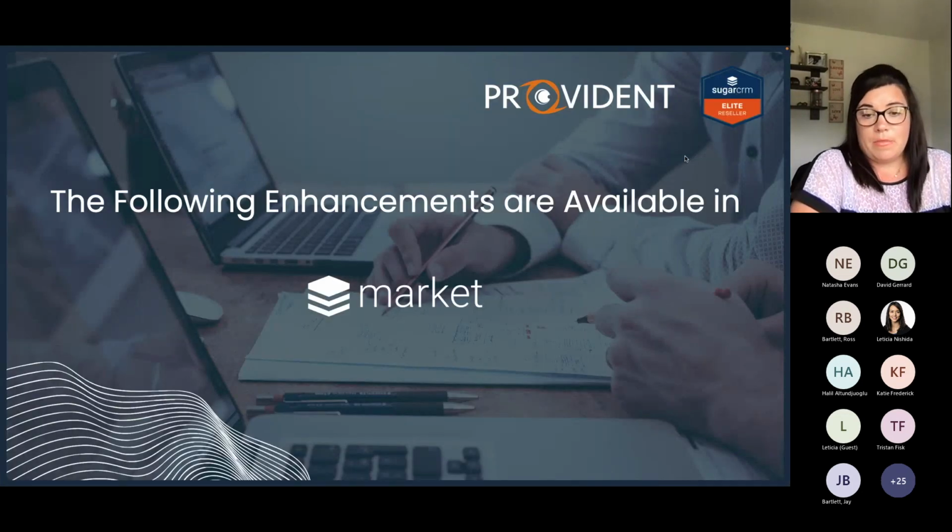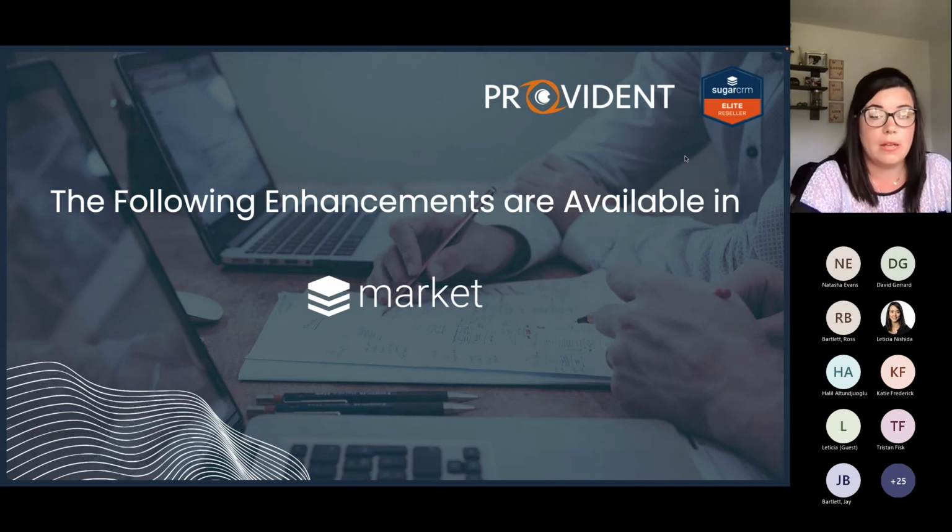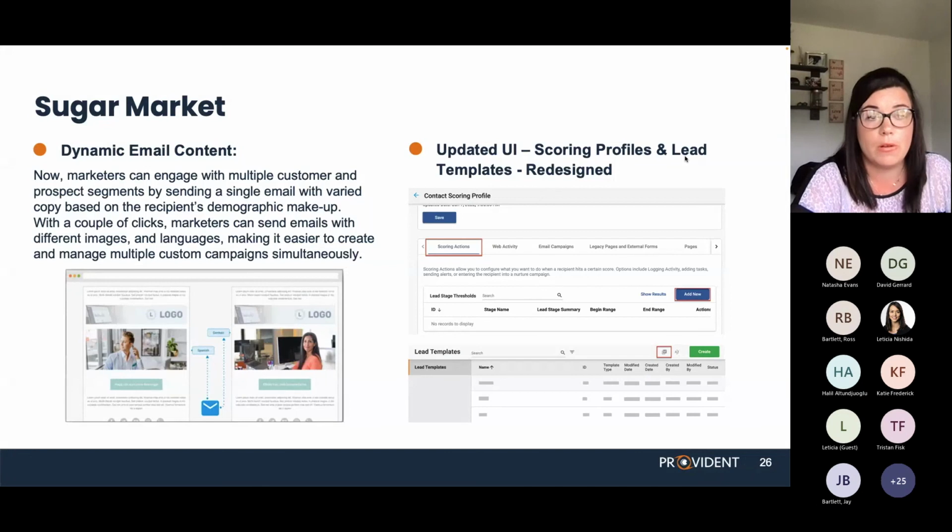Okay, Sugar Market. For those using Sugar Market, there have been quite a lot of updates here, and there's more to come as well. The first big one that I know everybody has been asking for is dynamic email content. Now you can engage with many customer and prospect segments by sending one email that has variations depending on a number of factors: the country they're based in, the product they purchased, or the stage they're at.